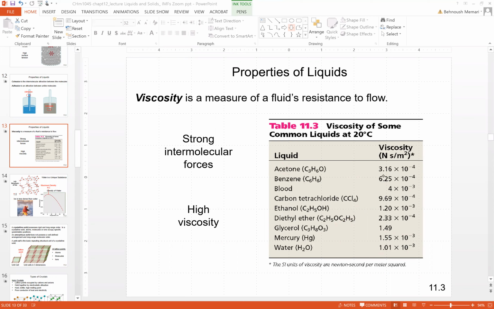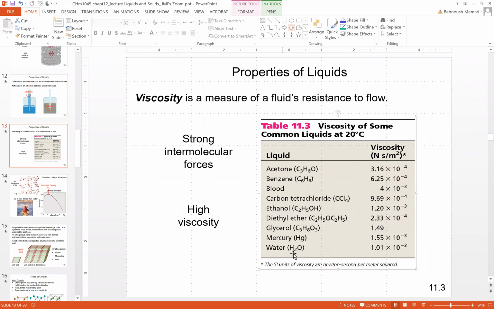These are some of the examples for viscosity, the measure of fluid resistance to flow. The higher the intermolecular forces, the higher the viscosity. You see these numbers are increasing, and the reason is the stronger intermolecular forces.